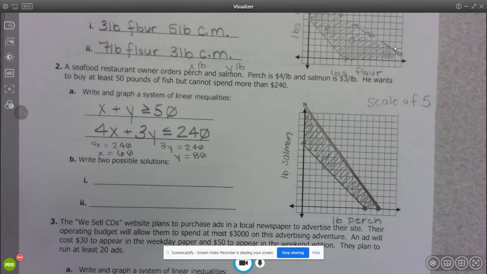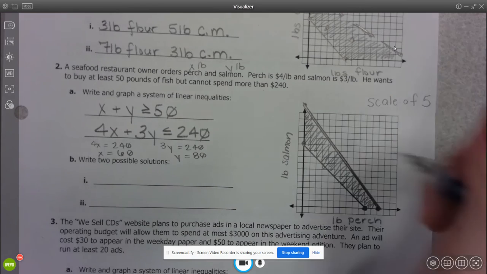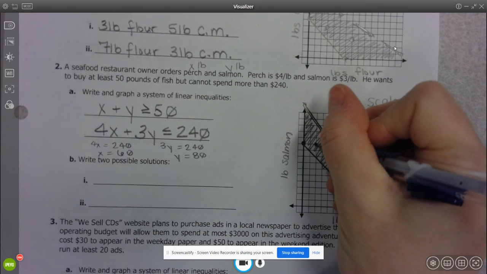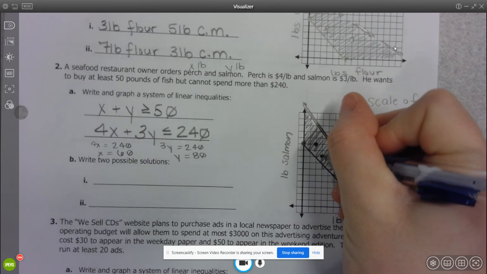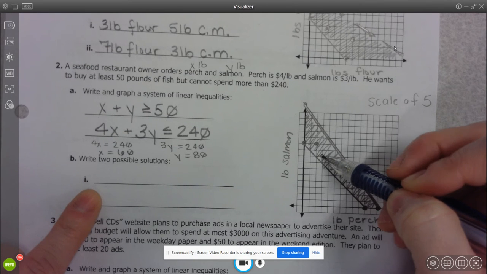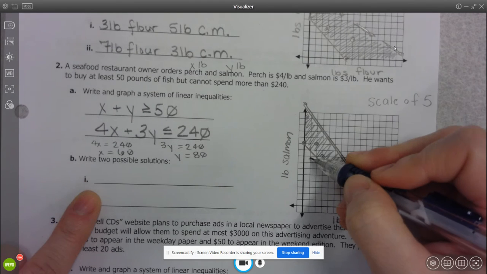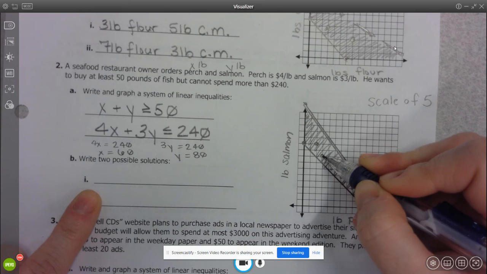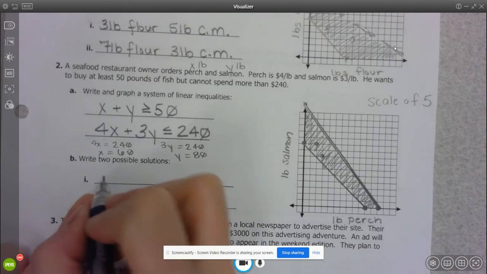And then if I'm looking for possible solutions, I'm going to do this point and this point just because they're close. Now remember we counted by fives. So this would be 5, 10, 15 to get to that x value.